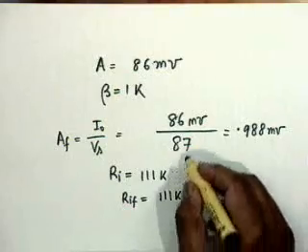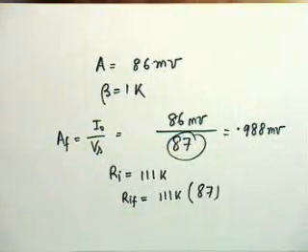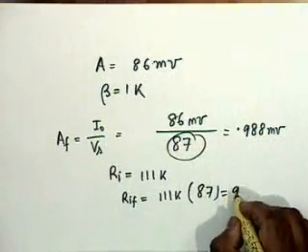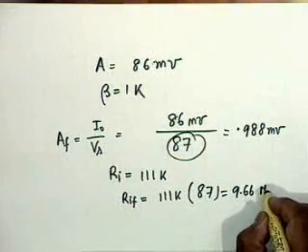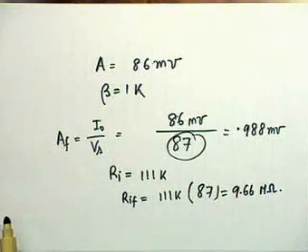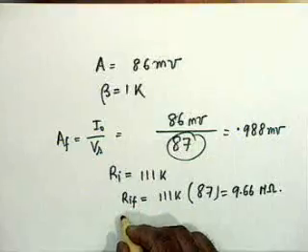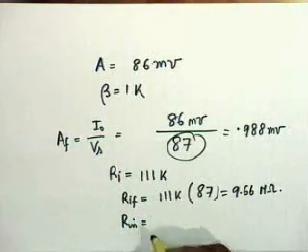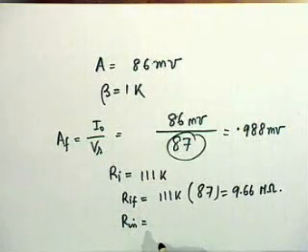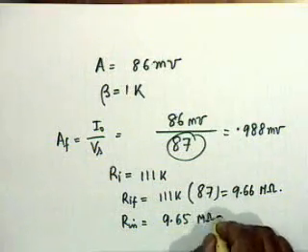Increase. It's a series connection, and therefore it will be multiplied by 87. I have already found this factor out, and this comes as 9.66 meg. But this is not the impedance faced by the source. What is the impedance faced by the source? R in minus 10K, which makes it 9.65 meg.